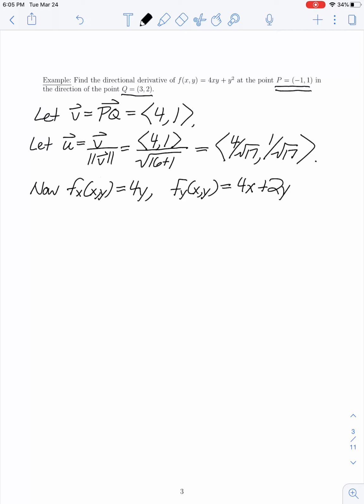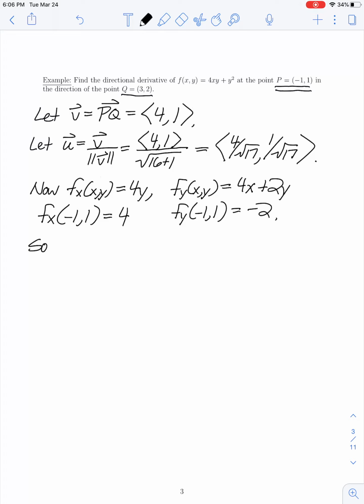And we're interested in the value of our directional derivative at the point -1, 1. So let's evaluate these partial derivatives at our point of interest, negative 1, 1. So our partial derivative with respect to x is 4, and the partial derivative with respect to y is negative 2.